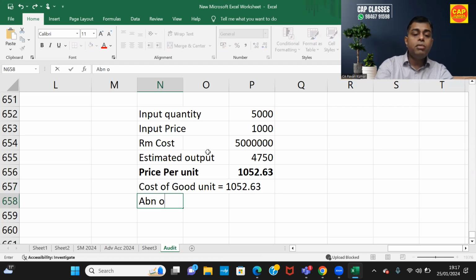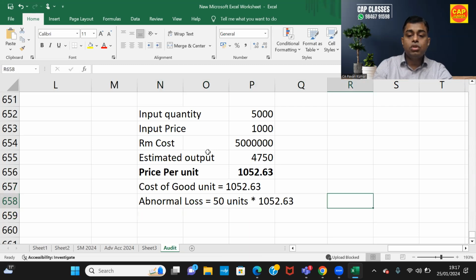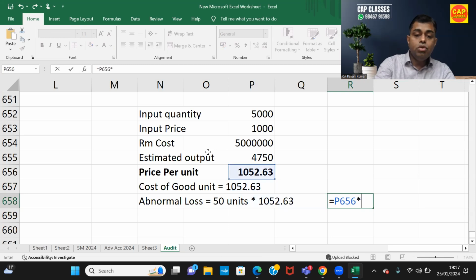So what is your abnormal loss? Abnormal loss is equal to 50 units into each unit at 1052.63. So this is calculated as this into 50 units.